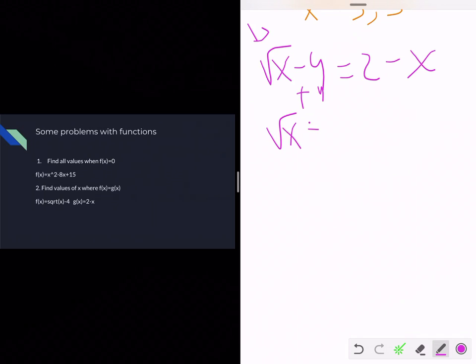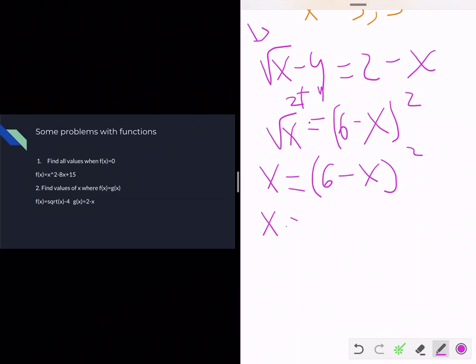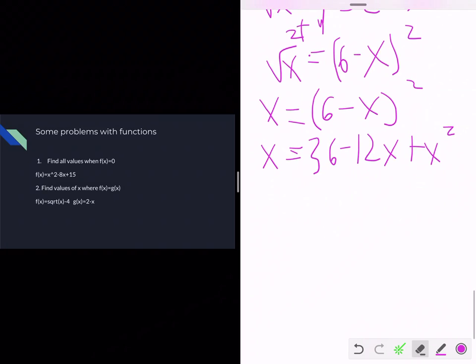Square root of x equals 6 minus x. Now I want to square this to get rid of the square root. So I would have x equals 6 minus x, squared. Now I can expand this out, and I would get 36 minus 12x plus x squared. And then all I have to do is subtract this x.